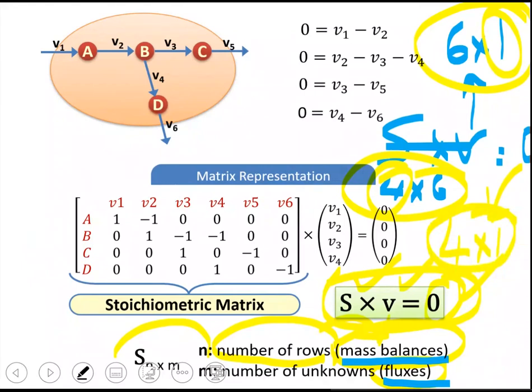So the right hand side will include, in this specific example, a vector of 4 zeros. So S dot V equals 0 is the matrix representation of our steady state mass balance based modeling approach.